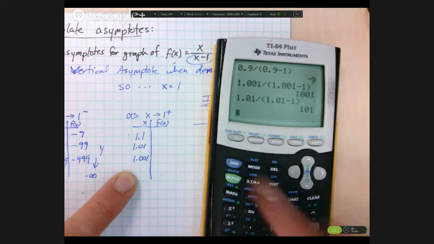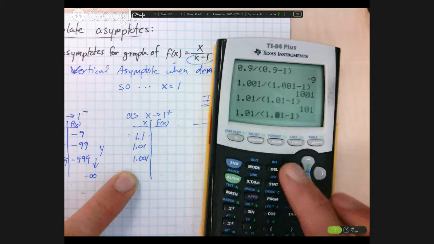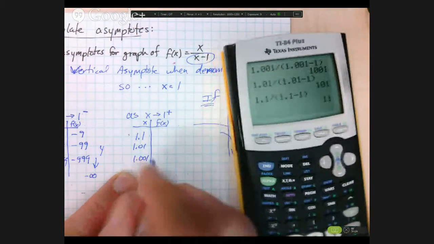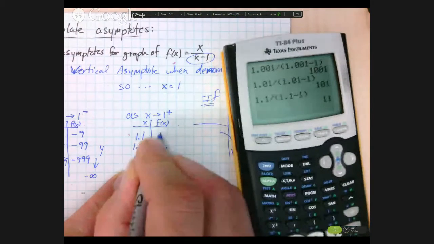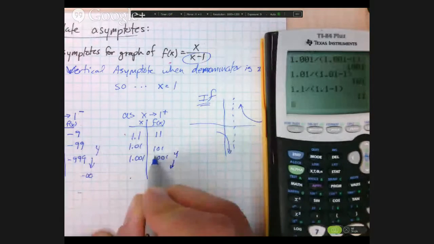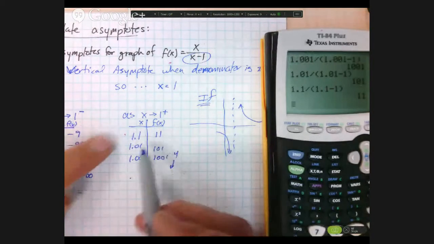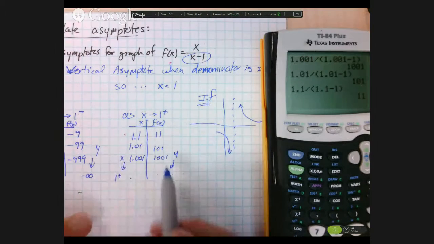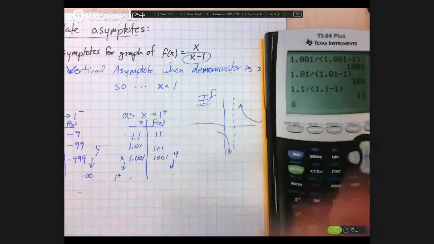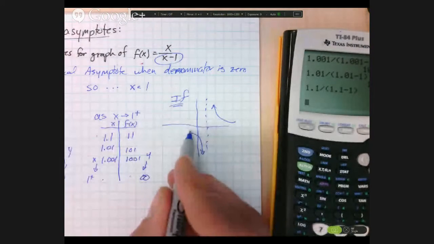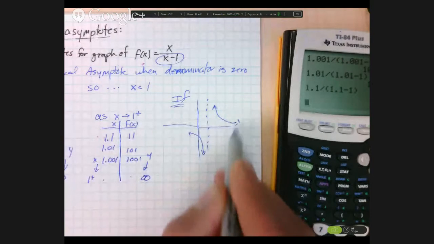What is this one approaching? As we approach 1 from the right, this is going to infinity. So we have exactly what I showed you on the possible graph.